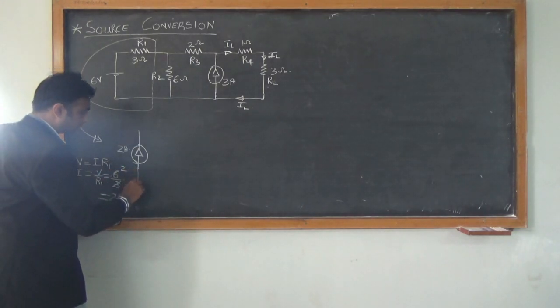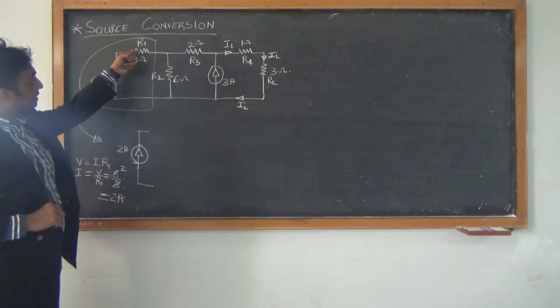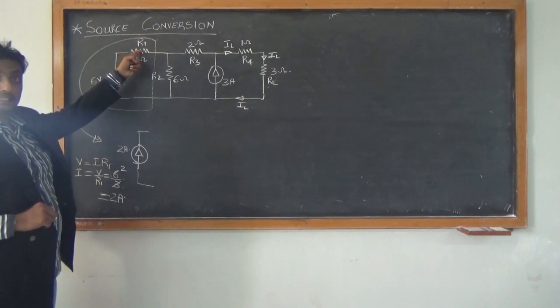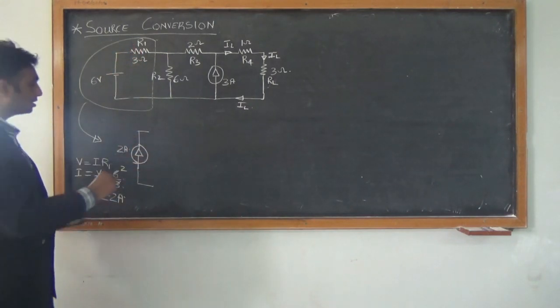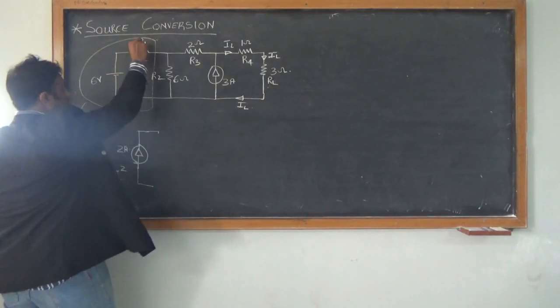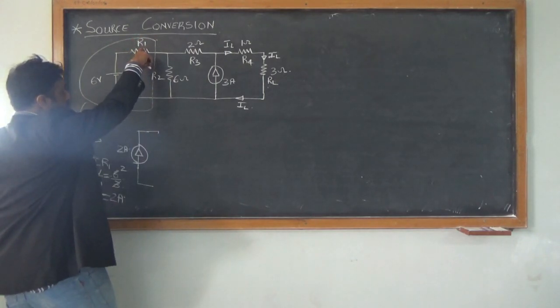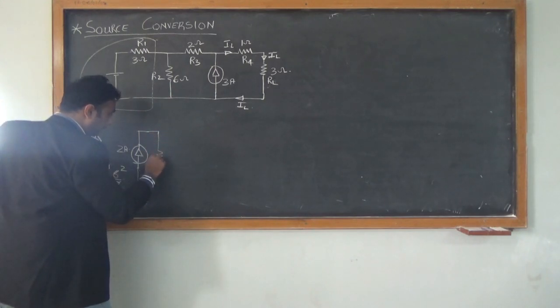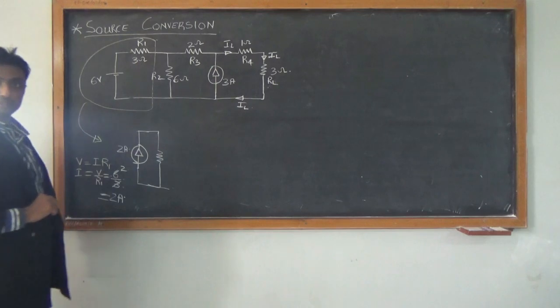So I have my current source here. As I told you, if the resistor is in series with the voltage source, it becomes parallel in the current source. So whatever value of R1 was in series here becomes parallel in my current source.